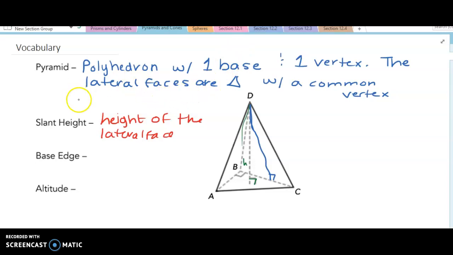Okay, the base edge is just the segment connecting the vertices of the base.